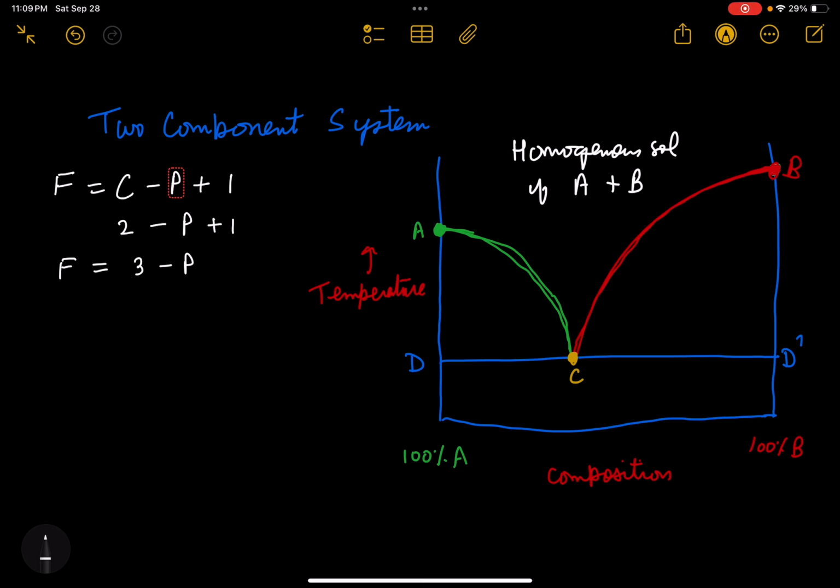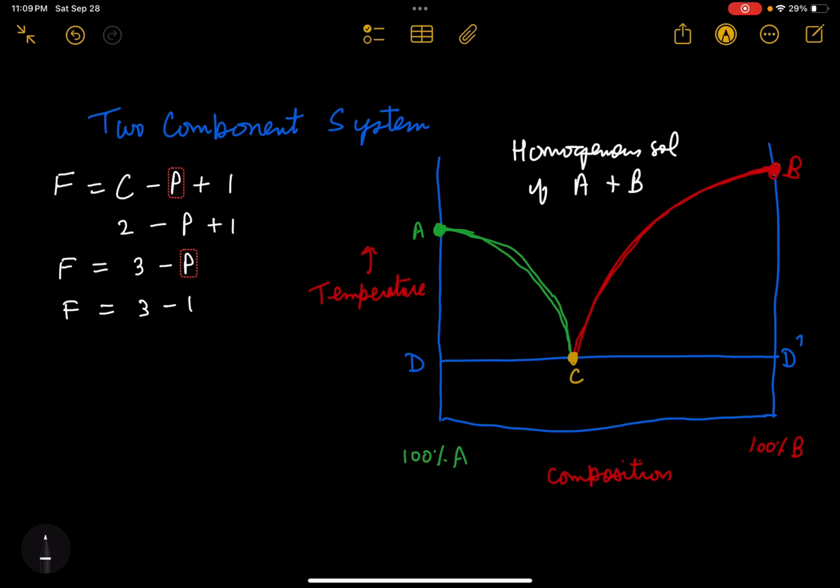Since the minimum number of phases in a system can be 1, the degree of freedom for such a system is equal to 2.